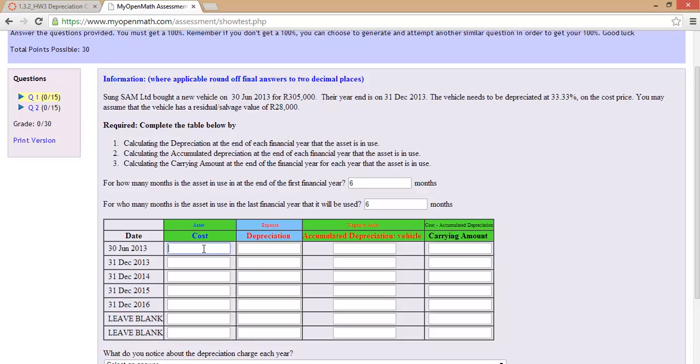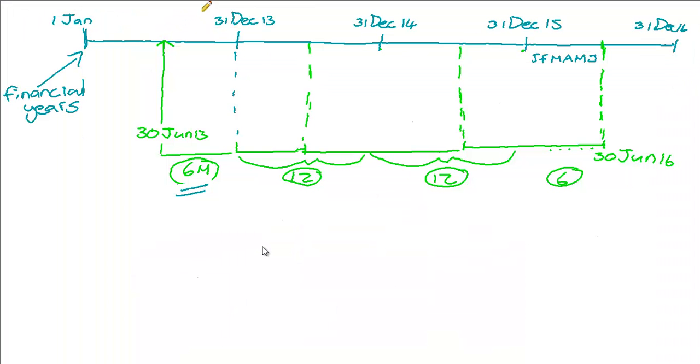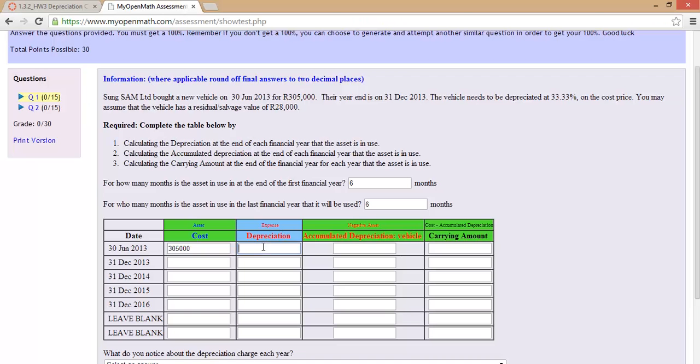Right, so on day one, the cost of this asset was 305,000 Rand, so we can fill that in, 305,000 Rand. On day one, we have not used this asset at all. Remember, depreciation is accounting for the use of the asset. So on the very first day, on the 30th of June, none of this asset has been used.